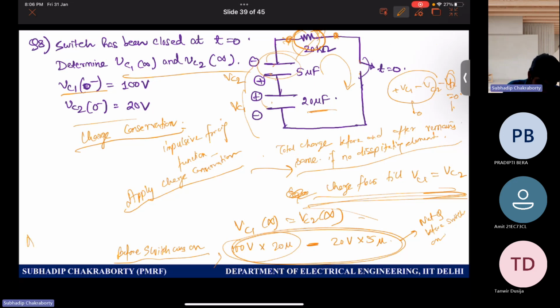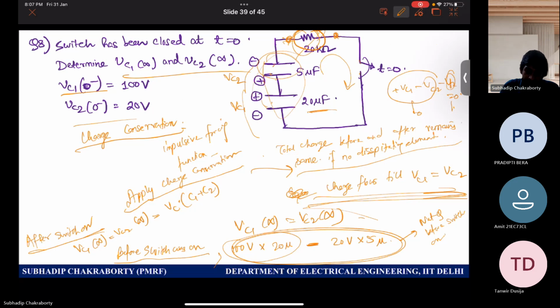Now after switch on, what can I write? Let's say the voltages are becoming equal, because I told you they had to be equal to stop the recombination. So let's name them VC multiplied by C1 plus C2, because that is the equivalent capacitance. So CV1 plus CV2 is the net charge, the new Q net.